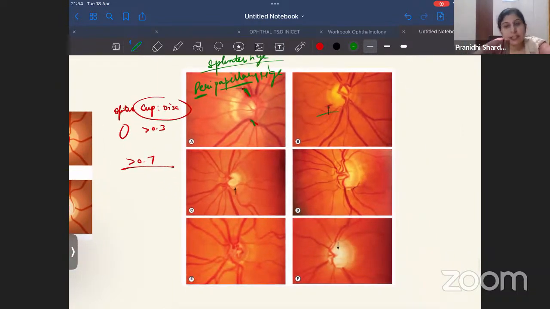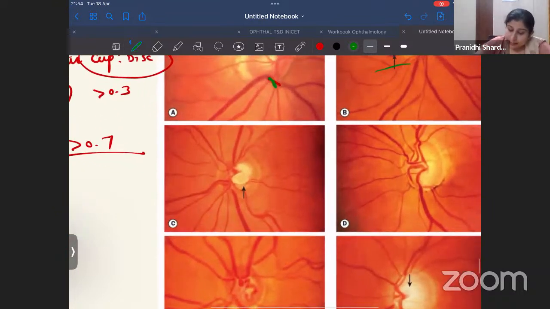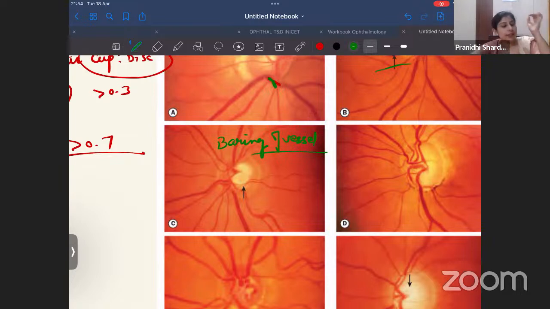This is peripapillary hemorrhage. What is this? This is the bearing of the vessels. What is happening is, because there is an increase in the cup, that is, a decrease in the healthy neural tissue, the vessels, especially the horizontal vessels, appear to be hanging.